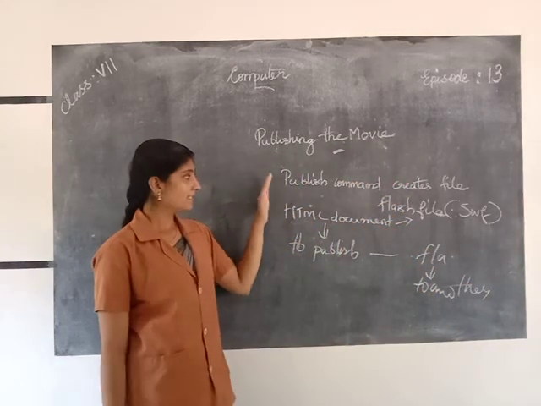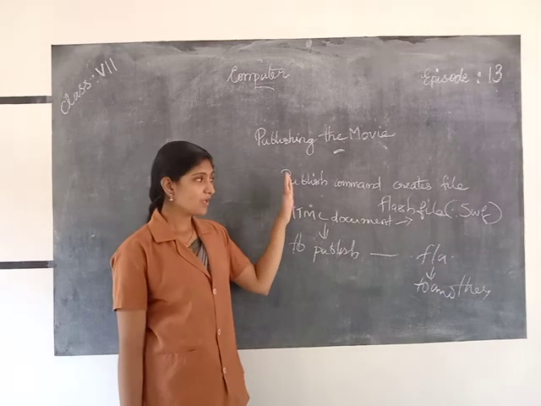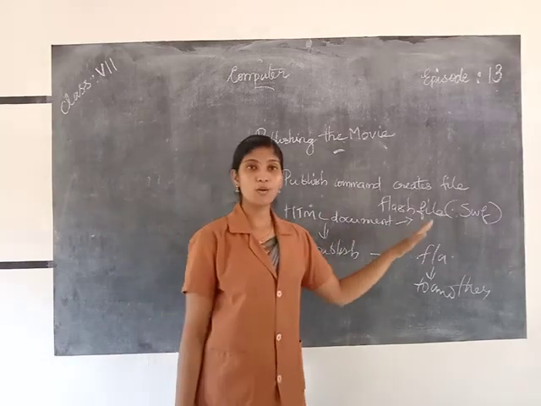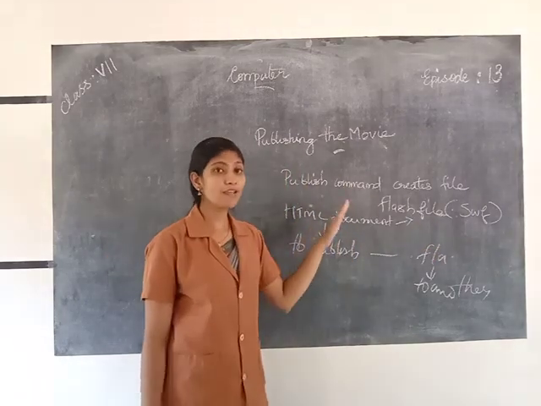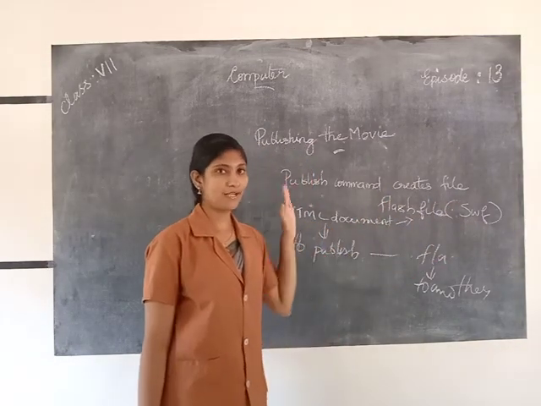So let's listen to this. First, there is a command named publish which creates a Flash file. So what is its extension? .swf. So first, the publish command creates a Flash file with the .swf extension.